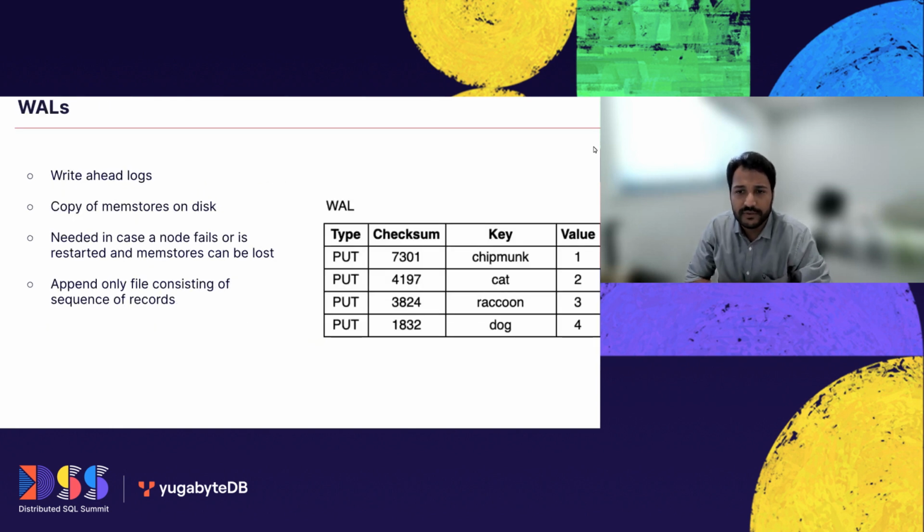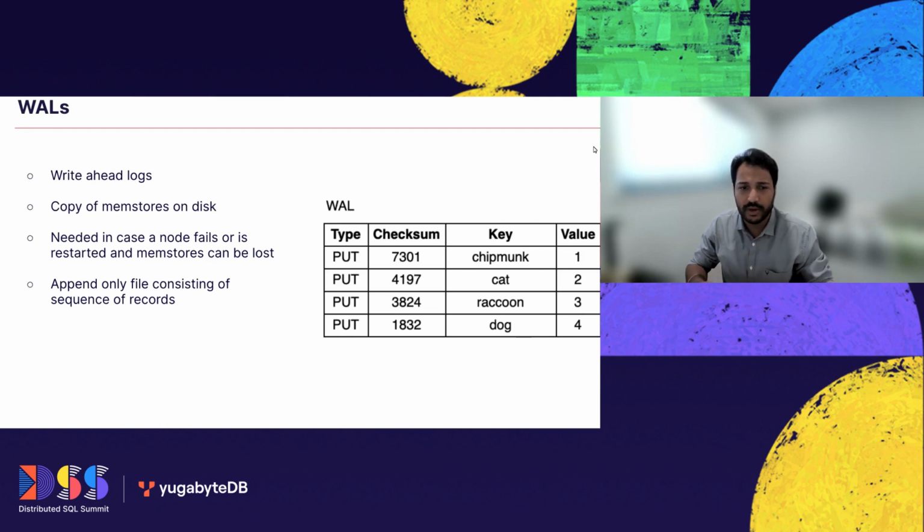Moving on, we have something called WAL, or write-ahead logs. This is simply a copy of the memstore on the disk. This is needed in case there is a node failure or a power outage or anything happens to the memory. Then you need to have a copy on the disk just so that the data can be restored.